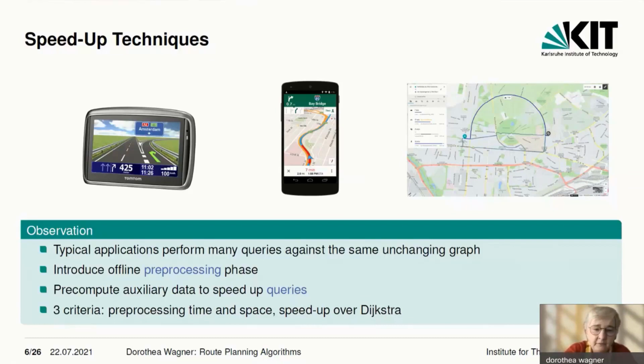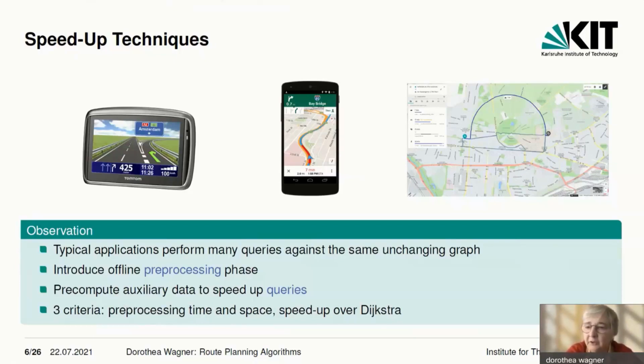In such a scenario, there are three criteria of importance. The preprocessing time, the time it requires to pre-compute the additional information, the space required to store this information, and then, of course, the speed-up of Dijkstra's algorithm we can reach that way.